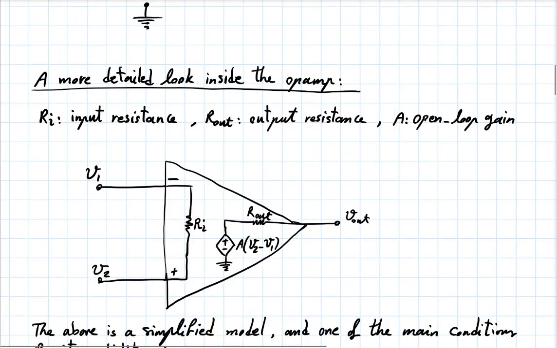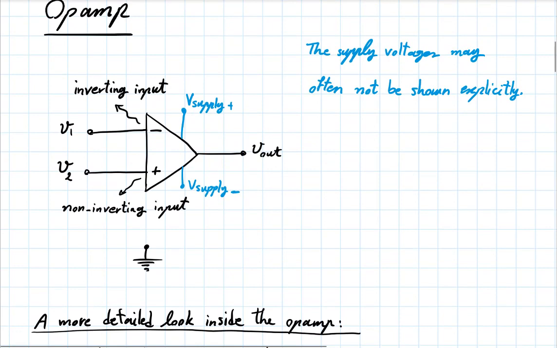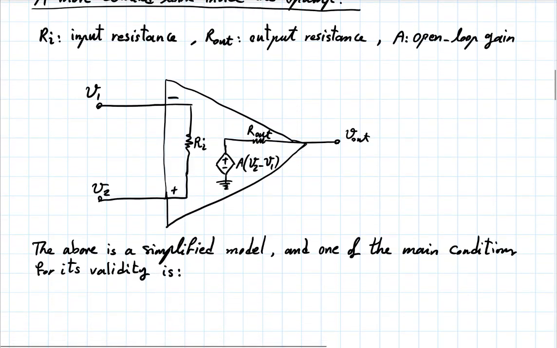Something that has to do with what we had up here. Yeah, so this works as long as your Vout is less than the limits of the power supplies powering this op-amp. So this Vout is not going to be more than your V supply.